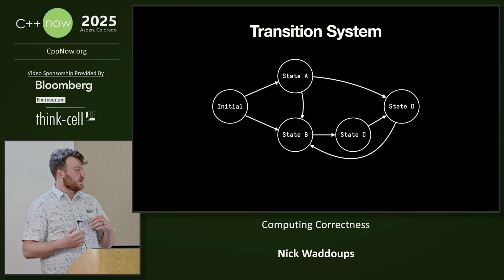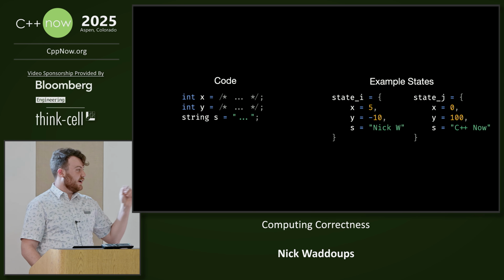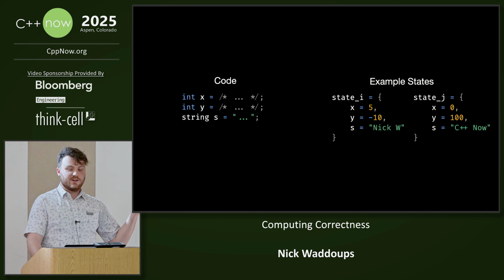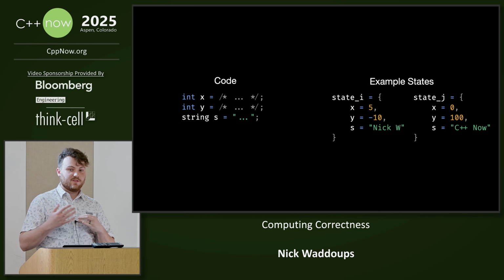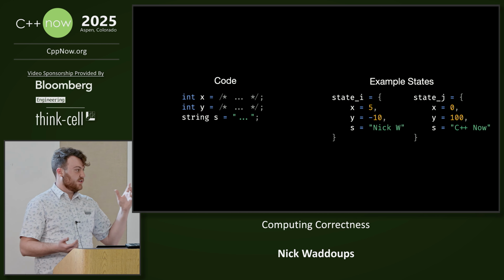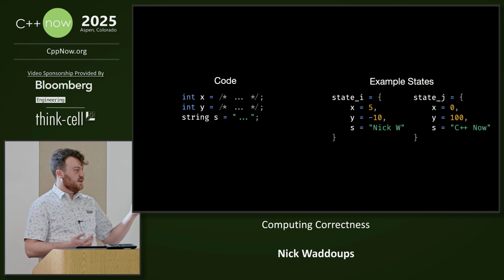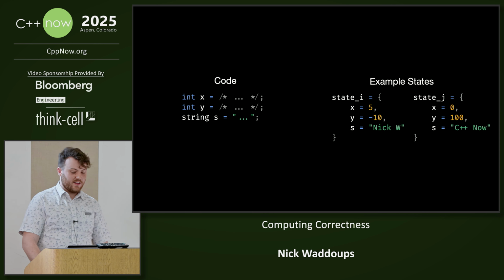Inside of each of these states are just concrete values of what is inside of your program. For example, if this was our program, we just had 2 integers and a string, then state I would be a concrete assignment, 5 and -10 to x and y, as well as an assignment to the string. That's different from state J, which has different assignments to all the variables.